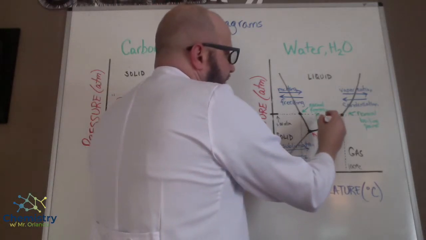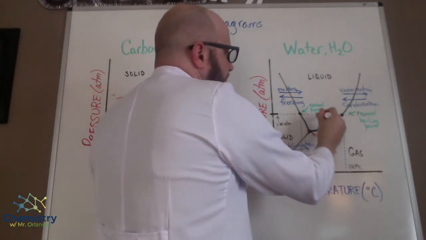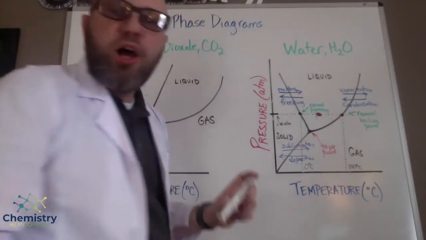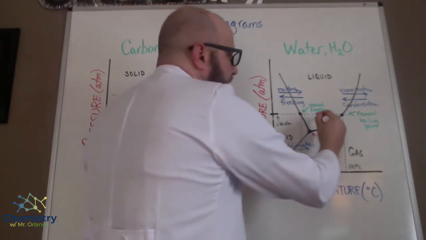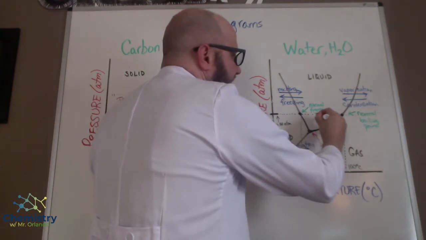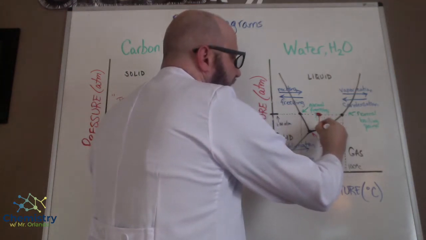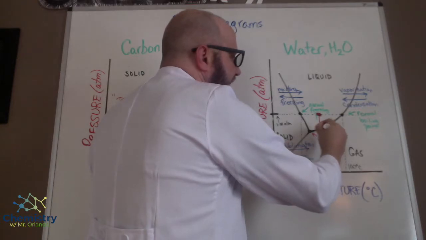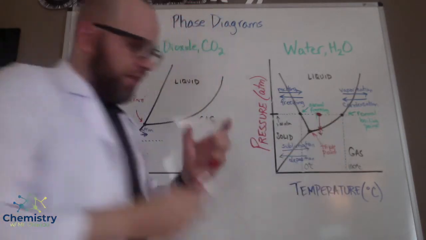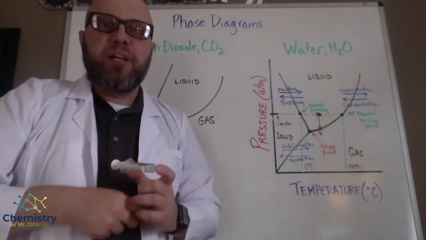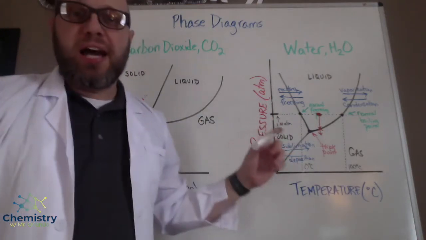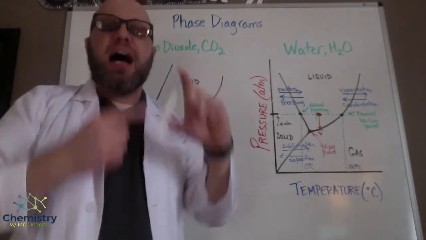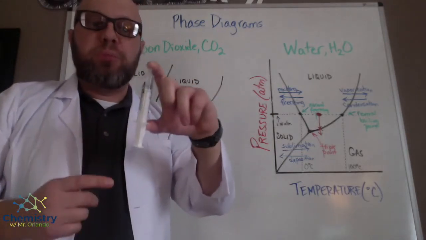So we're sitting somewhere around here. If I lower the pressure enough, I should be able to boil water. So if I lower the pressure by increasing the volume, I'm going to travel right along this line, and I'm going to cross this point, which is the boiling point. Now, it won't be the normal boiling point because we're not at 1 atmosphere. However, I can make water boil at room temperature.